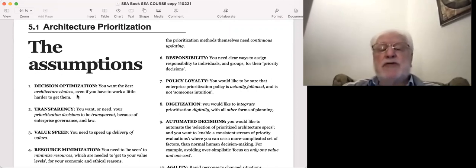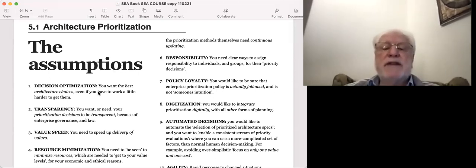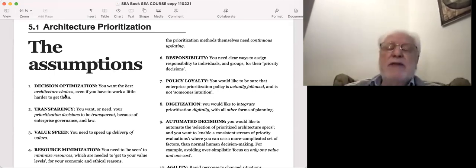But if you take the trouble to reevaluate your priorities at each delivery step, that means you have to measure several things: the costs, the values delivered, and compare them to the plans you have. That's extra work, but if you do that, you will tend to get much better architectural choices as you go and in the long run. You won't be, for example, locked in to an architectural choice 3 years hence, when in fact it makes no sense any longer to take that choice.